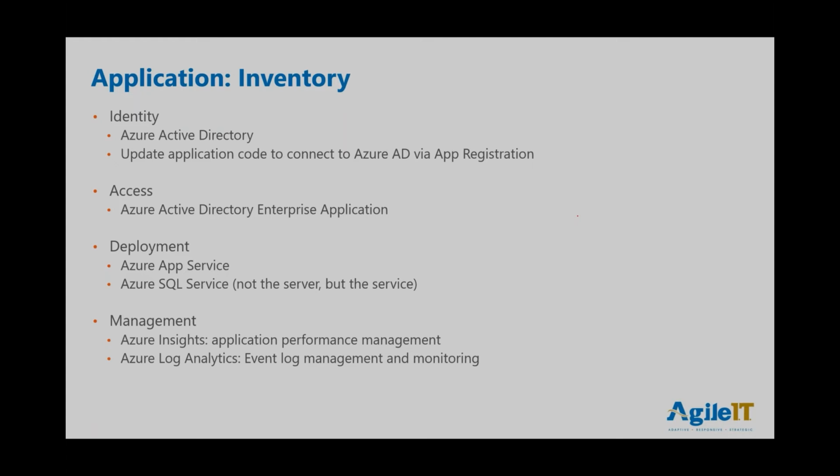For the application code, we needed to understand the authentication around Azure Active Directory. In this particular example, it was a .NET application. Right now, when the code runs, it just automatically inherits the identity. So we have to do a little bit of coding updates to say, hey, I need to be able to access Azure Active Directory to validate login and control that.